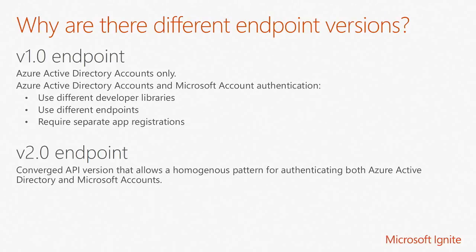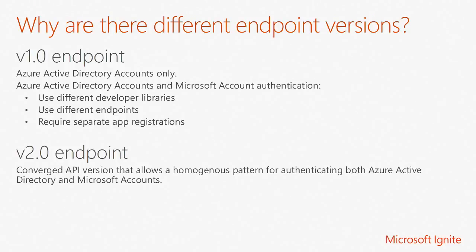So there's a V1 endpoint. There's the traditional endpoints that were Azure Active Directory only. So if you wanted to have your application use both Azure AD accounts and Microsoft accounts, you had to use two different developer libraries. You had to register it for two different endpoints, and you needed two different app registrations. So I guess that's not ideal.